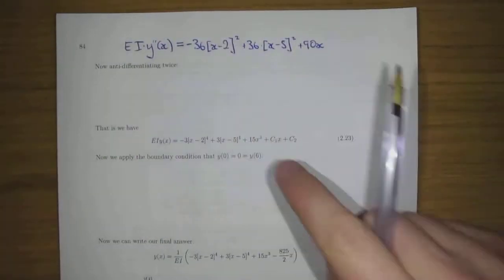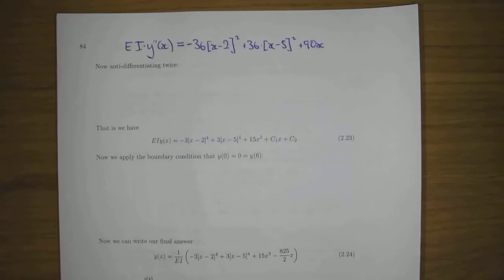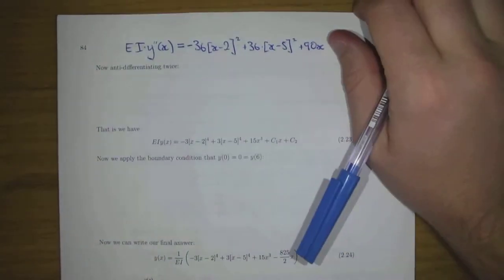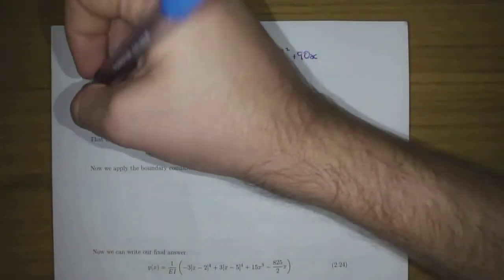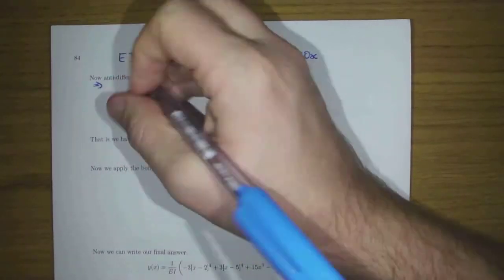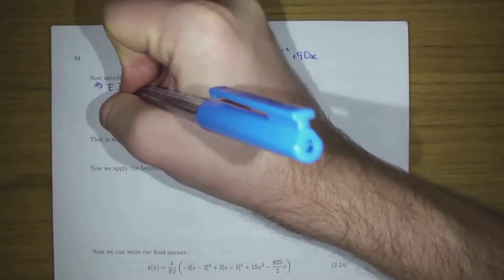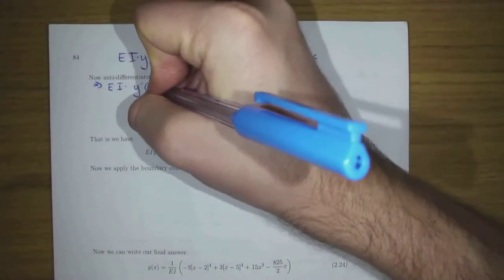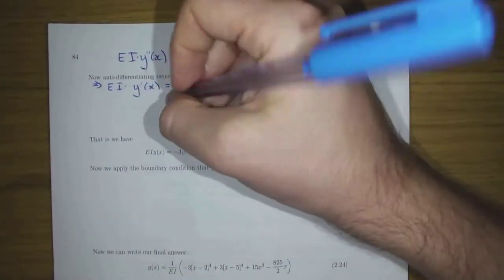Okay, so we want to solve for y of x now. What we have to do is anti-differentiate twice. Space is going to be an issue here, I think. Constant times function, fix the constant EI. Antiderivative of the second derivative is the first derivative. Fix the minus 36.